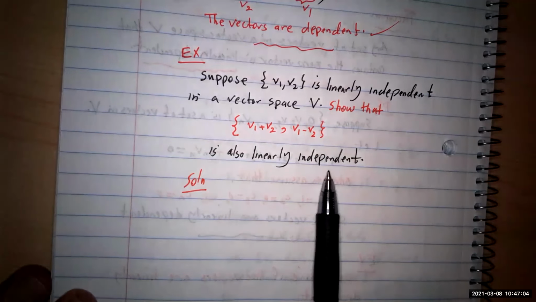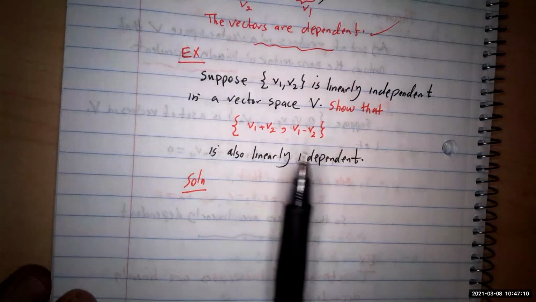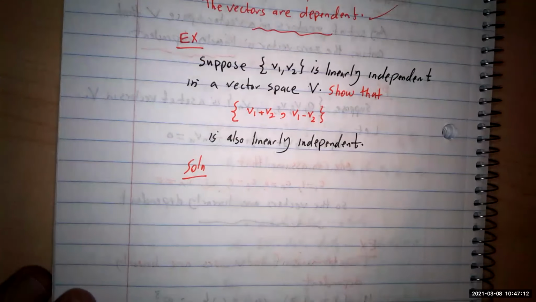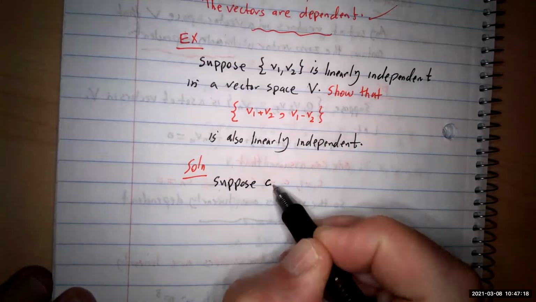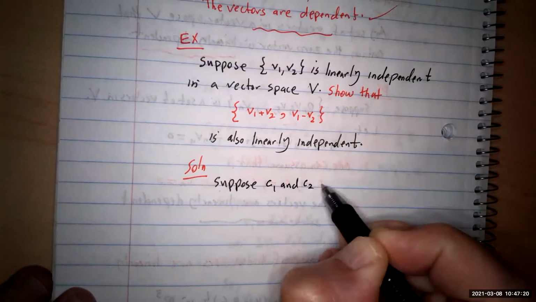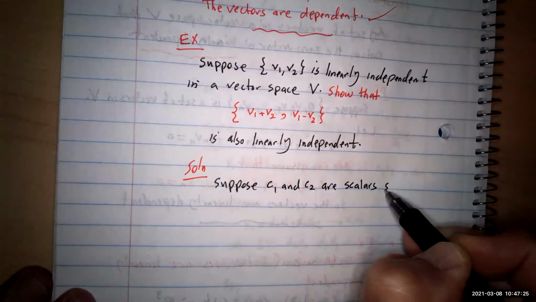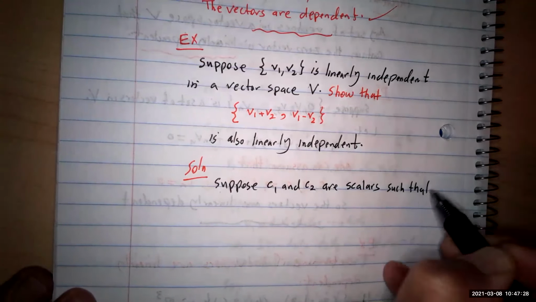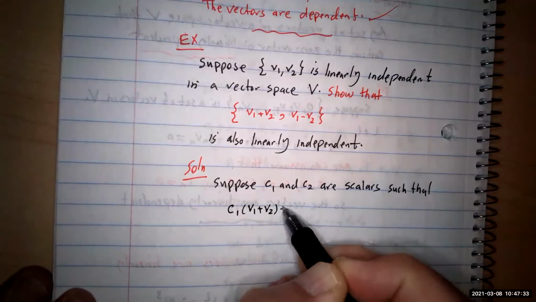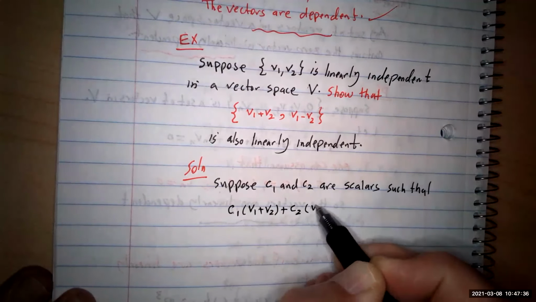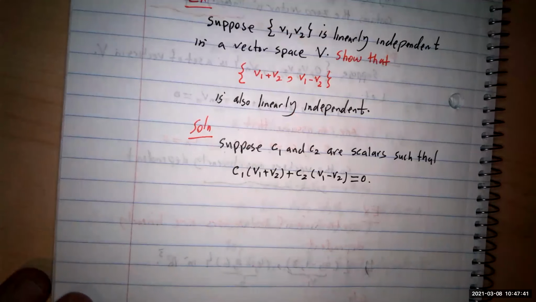You want to prove that they are linearly independent. You write the combination with C1 and C2 and show that C1 and C2 are going to be 0. So we suppose that C1 and C2 are scalars such that C1 times (V1 plus V2) plus C2 times (V1 minus V2) is equal to 0.